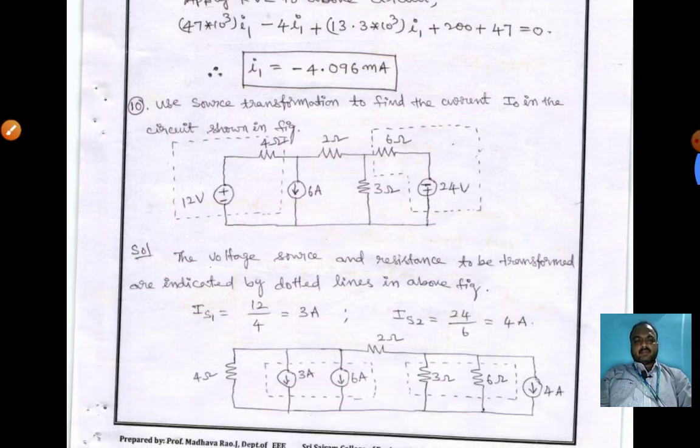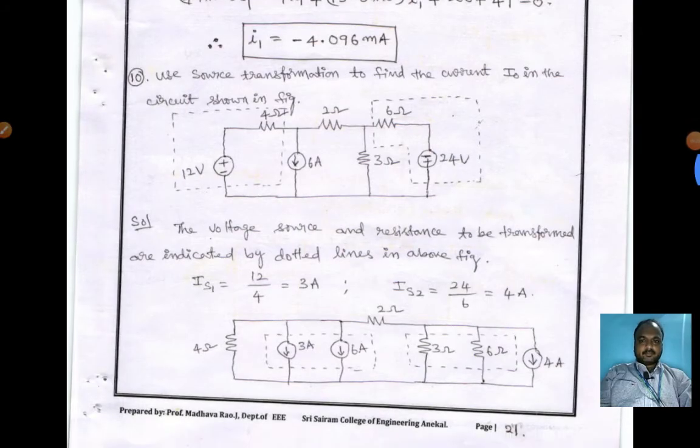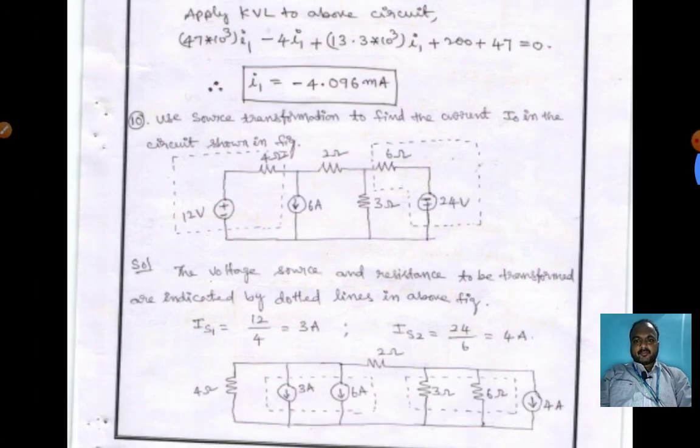Next, one more problem we will see here. Use source transformation to find the current I0 in the circuit.